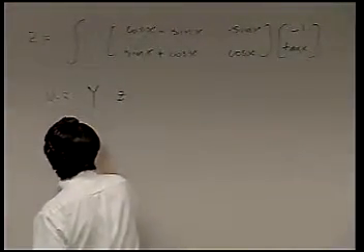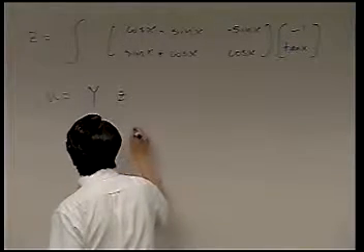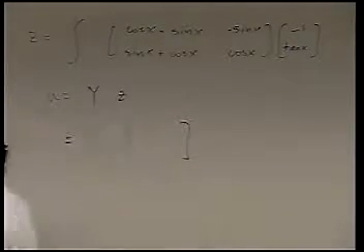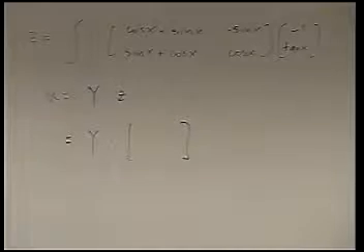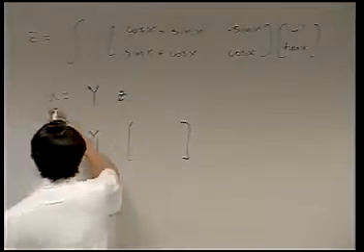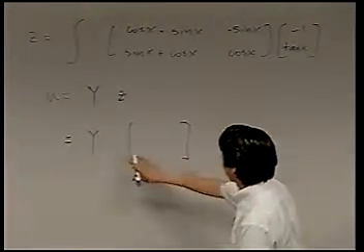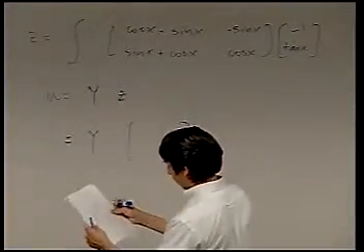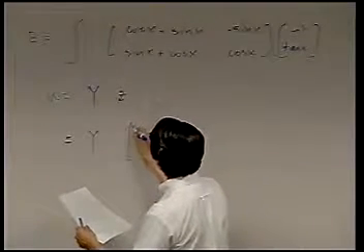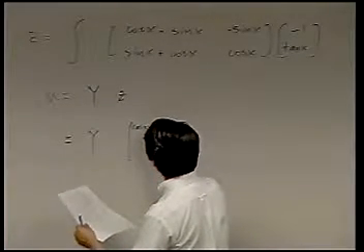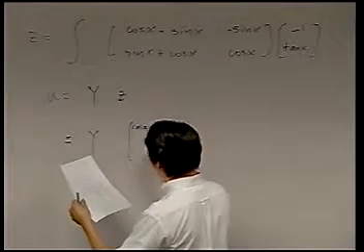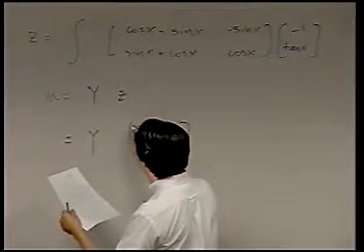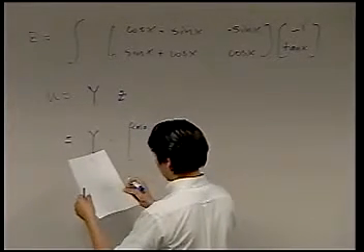We found z just now to be, let me catch the paper here, going back to the board. So we found u equals yz, y times this nice little matrix here.